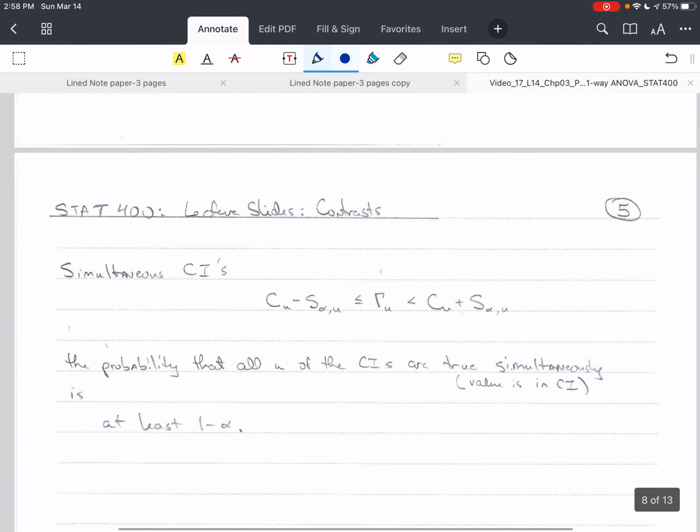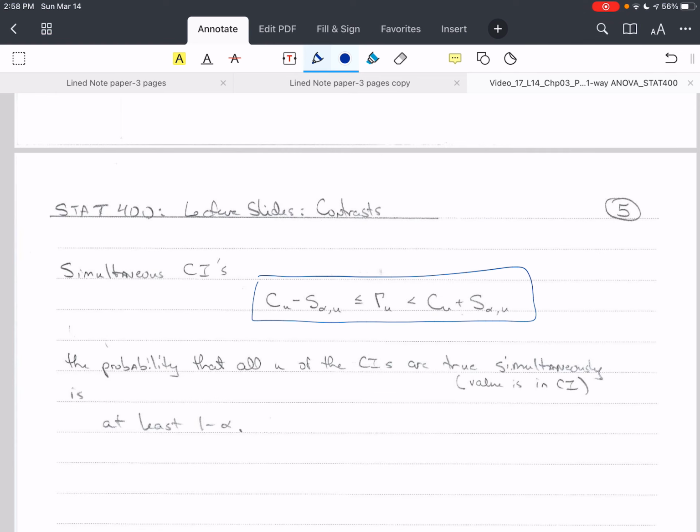Now let's talk about simultaneous confidence intervals. We're going to have multiple confidence intervals for these contrasts. Remember that a confidence interval can be written like this, but that implies that gamma sub u is actually in there, but it doesn't have to be.